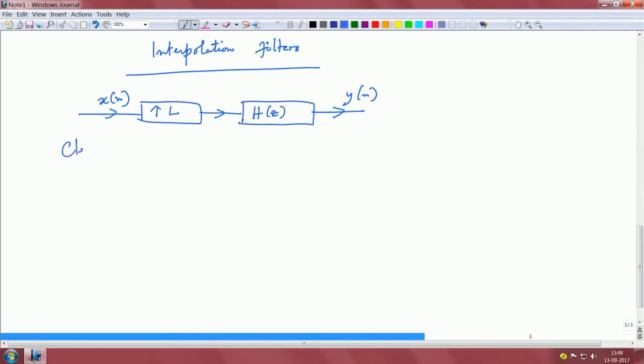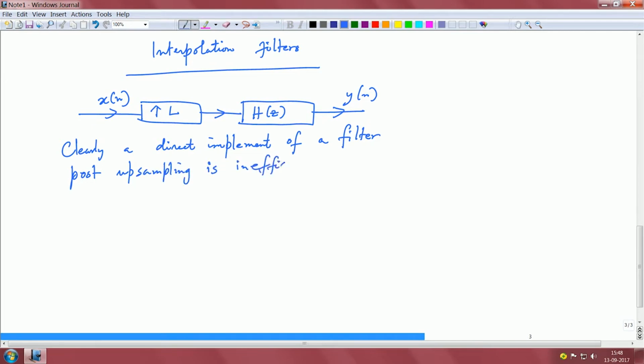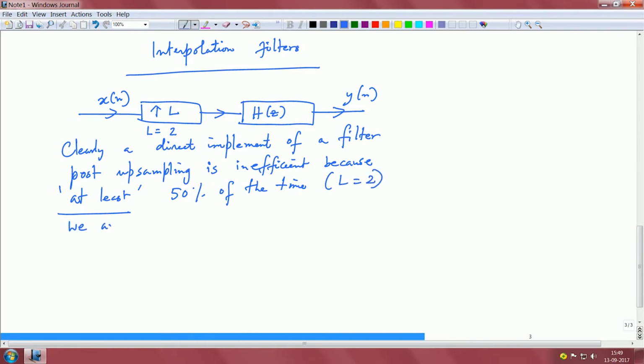Now clearly a direct implementation of a filter post upsampling is inefficient because at least, say suppose L equals 2, right, at least 50% of the time, this is for L equals 2, we are filtering zeros.